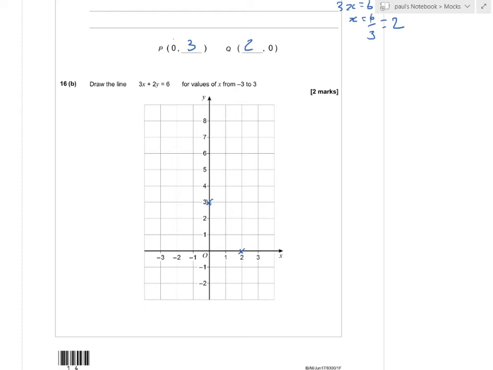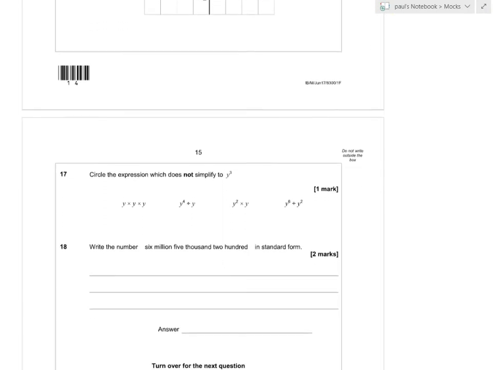So I'm going to join these two up, best I can. I'm going to go there, stop there, and get that in a straight line. So don't go beyond these bounds. You do that neater with a ruler, I'm positive.